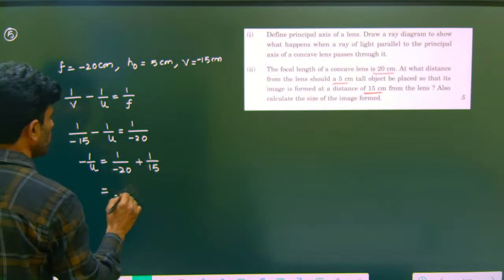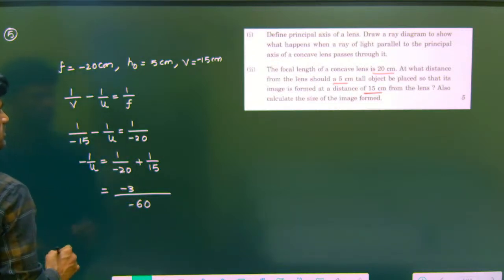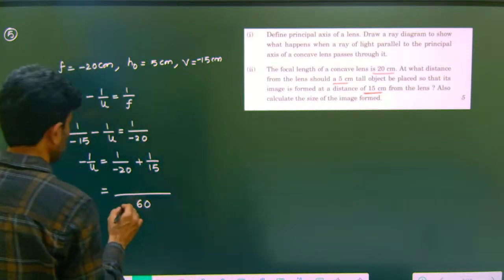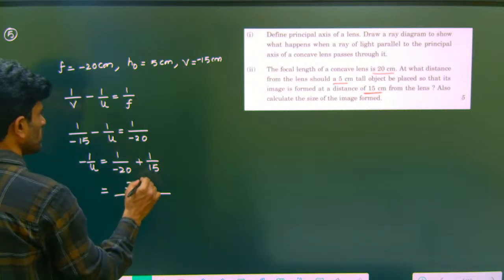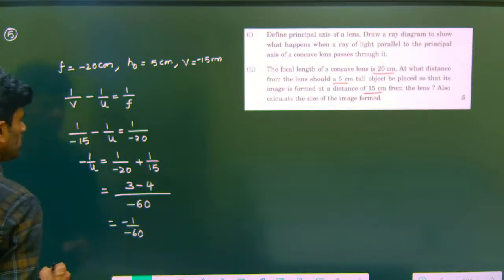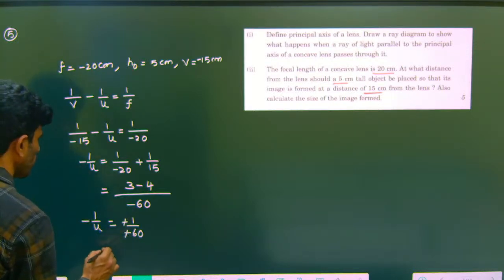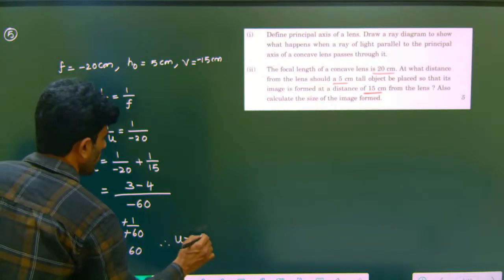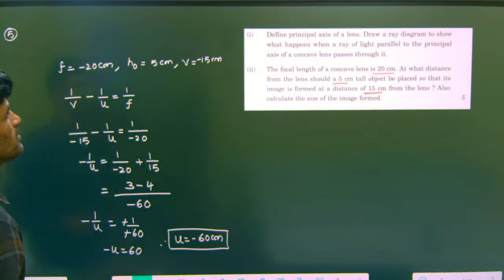After taking LCM, it will be minus 60, so plus 3 minus 4. So what it is, minus 1 by minus 60, minus 1 by U. 1 cancel, we got minus U is equal to 60. Therefore U is equal to minus 60 centimeters. Object should be kept at minus 60 centimeters.